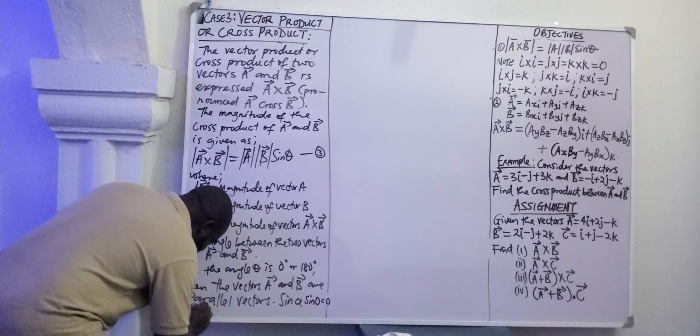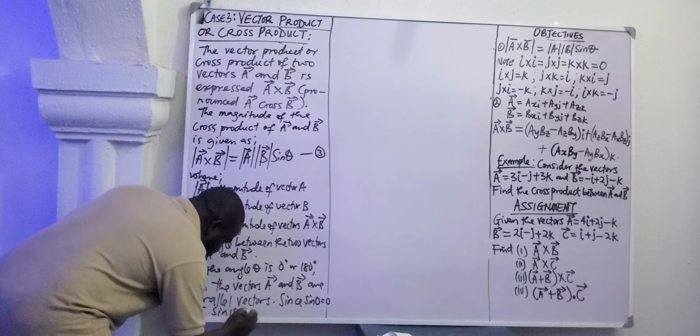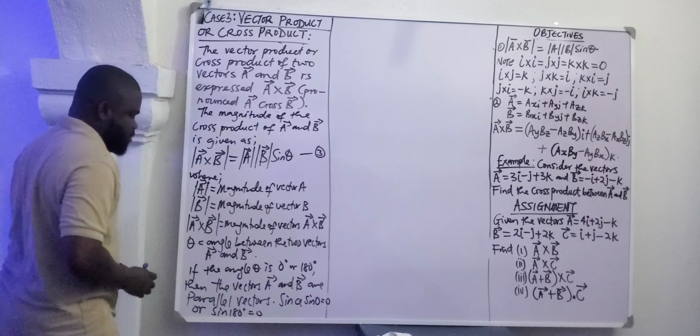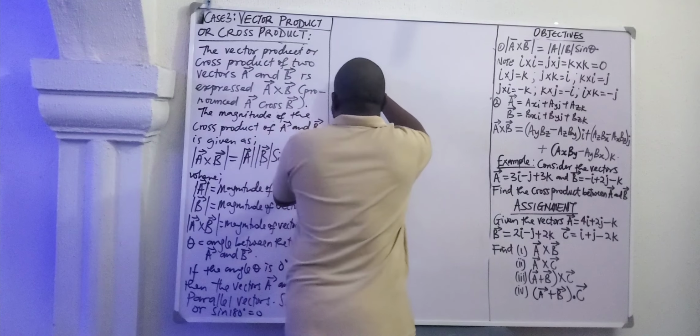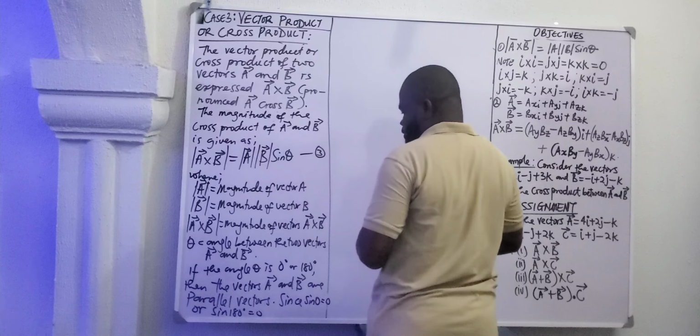Likewise, sin 180 is 0. So we say such vectors are what? Parallel vectors.